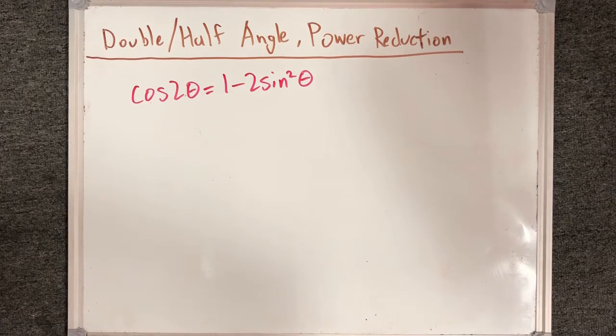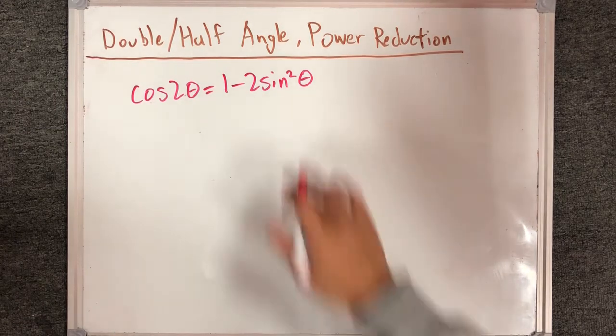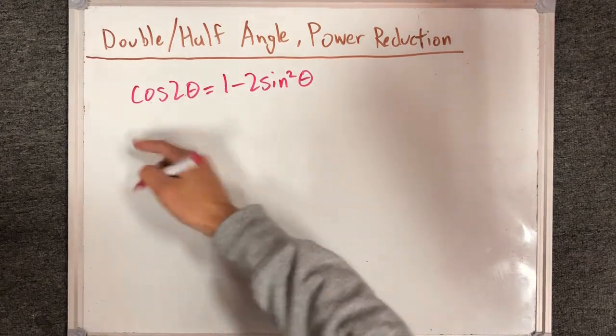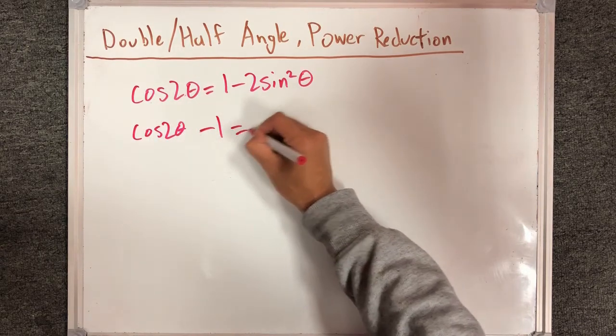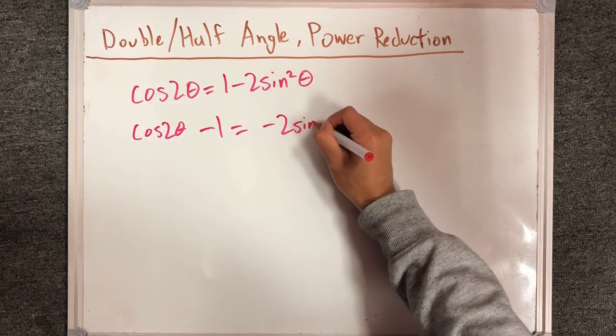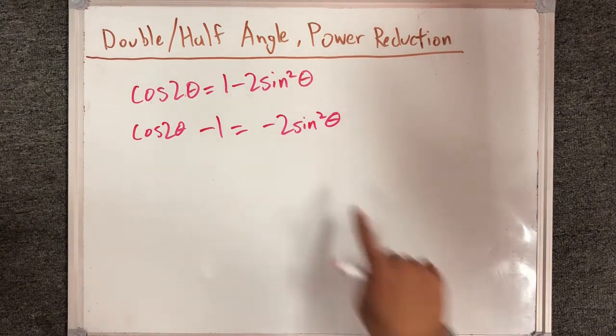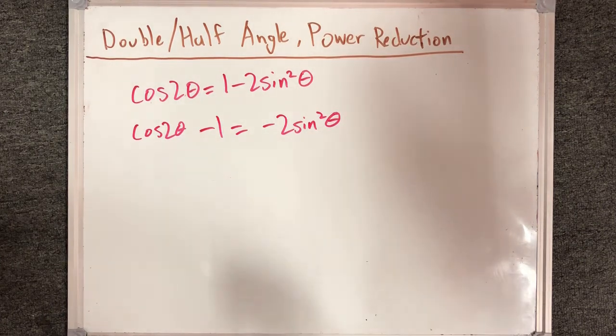We can get the half angle and power reduction formula for sine squared through a similar method. Now, this is form 3 of double angle for cosine, and this gives me only sine squared theta. I can solve for sine squared theta by subtracting 1, so cosine of 2 theta minus 1 is negative 2 sine squared theta, and I can divide both sides by -2.